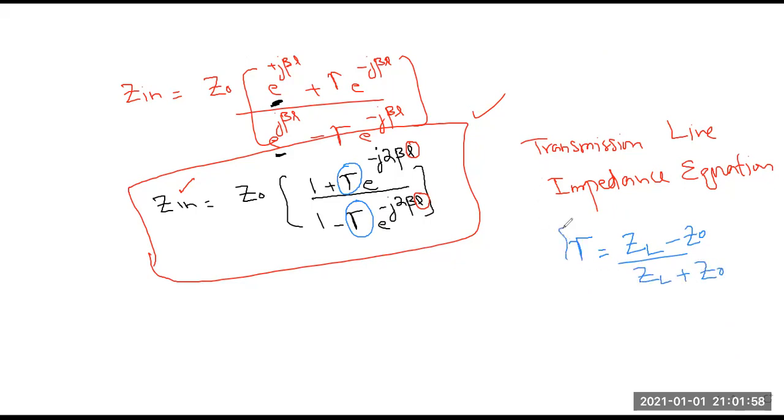We have already covered this thing. So in this expression, if you replace gamma by this, and then of course you have to do some steps by taking this expression as LCM in the numerator and denominator, finally you will get this expression.